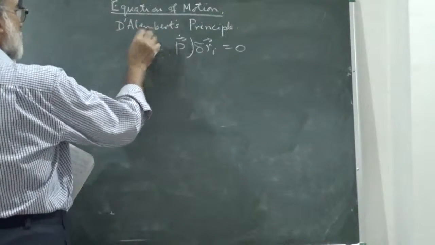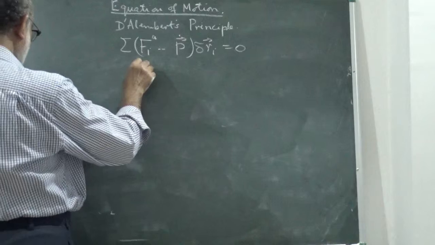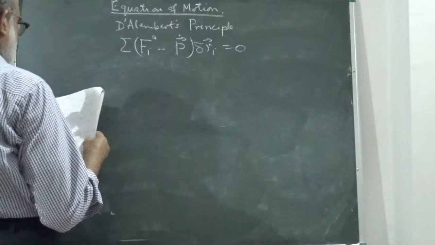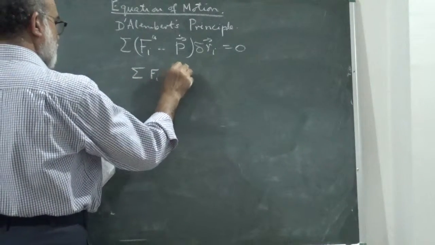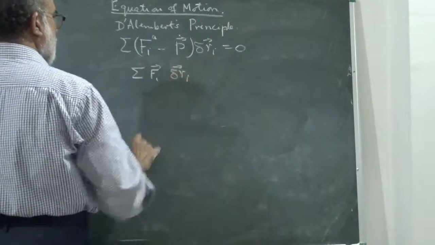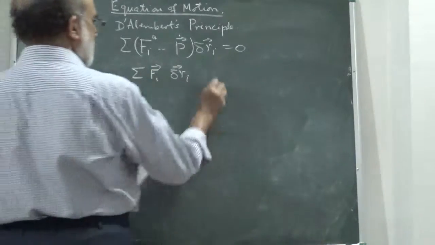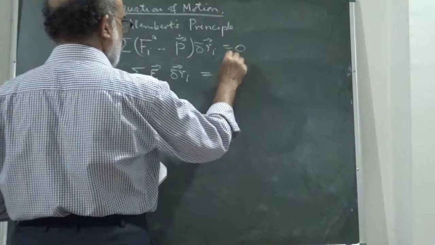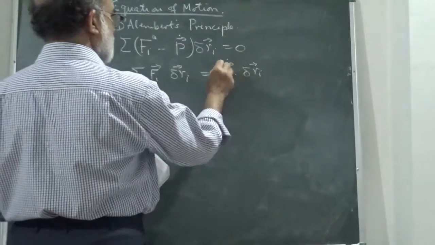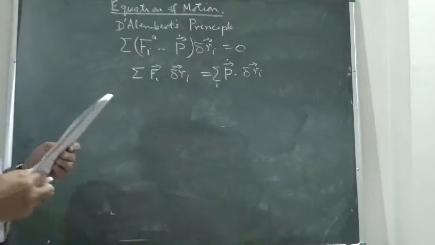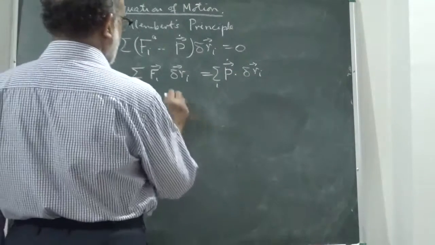Here F is for applied force. So we can say that Fi dot delta Ri, assuming this is the applied force, is equal to Pi dot delta Ri. This is the equation of motion.